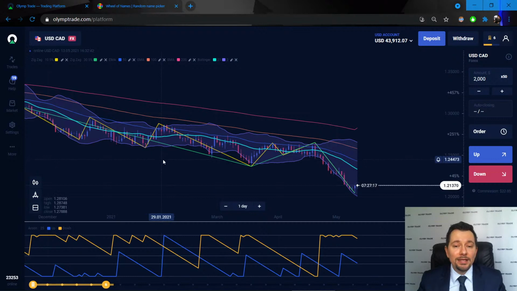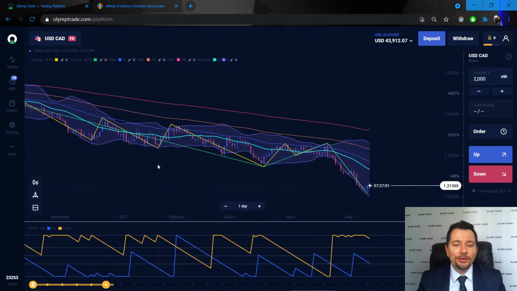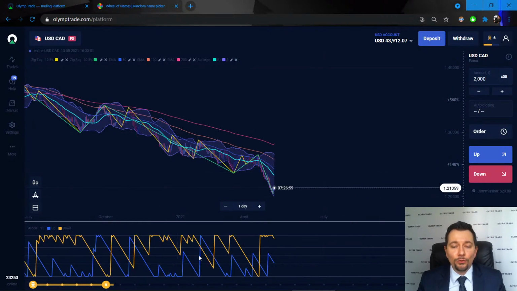So have a look right here, a cross of selling pressure down into buying pressure. Actually, this isn't the right signal, this would actually be a buy signal. If we're in a global uptrend, a cross of the up over the down would give you a buy signal.